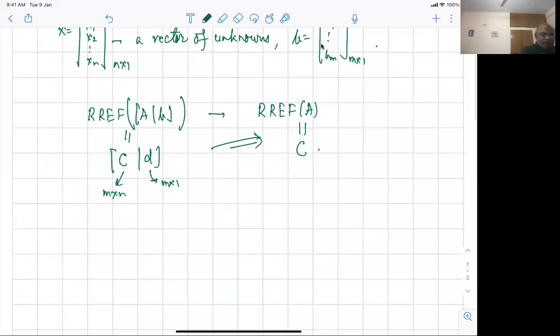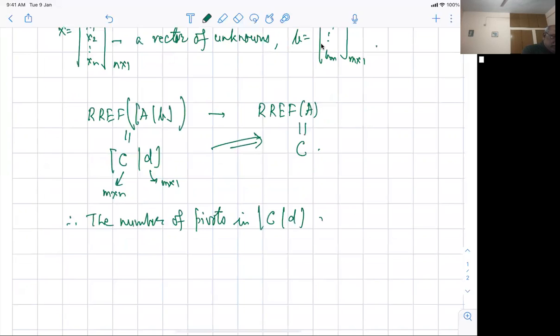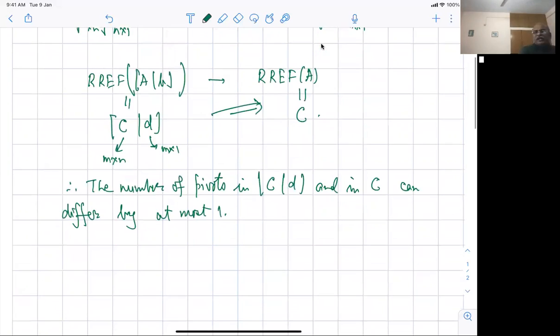So the number of pivots in [C|D] and in C can differ by at most 1, because one extra column is being added.